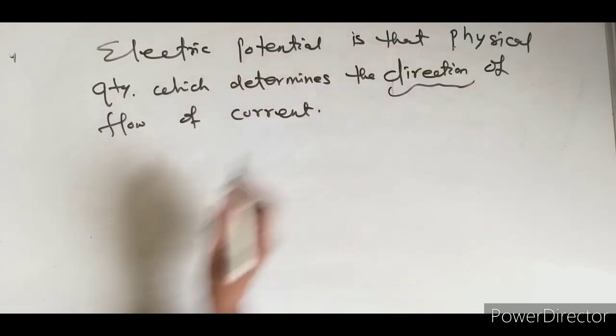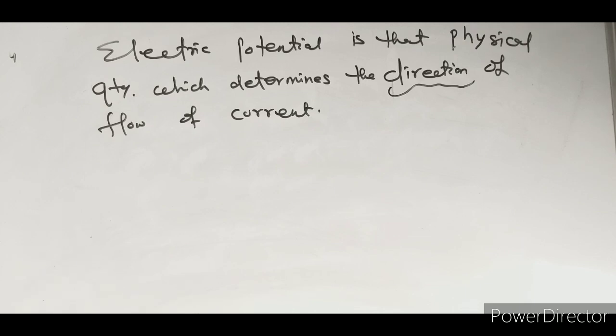This is important. Direction of flow of current is important, because we know current flows from the positive terminal to the negative terminal.